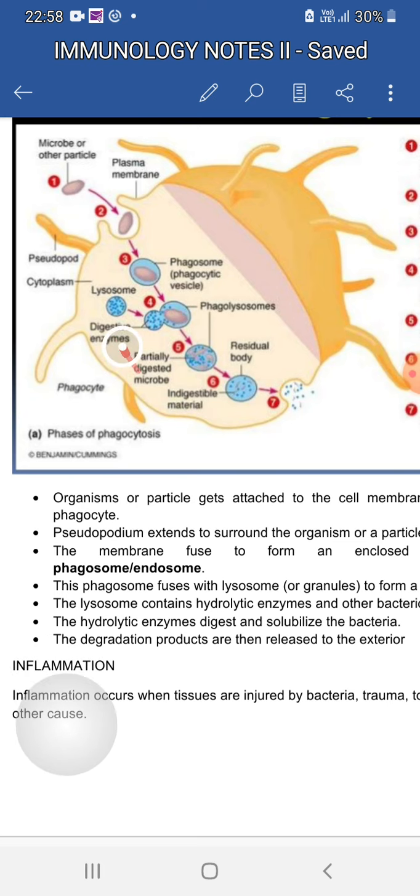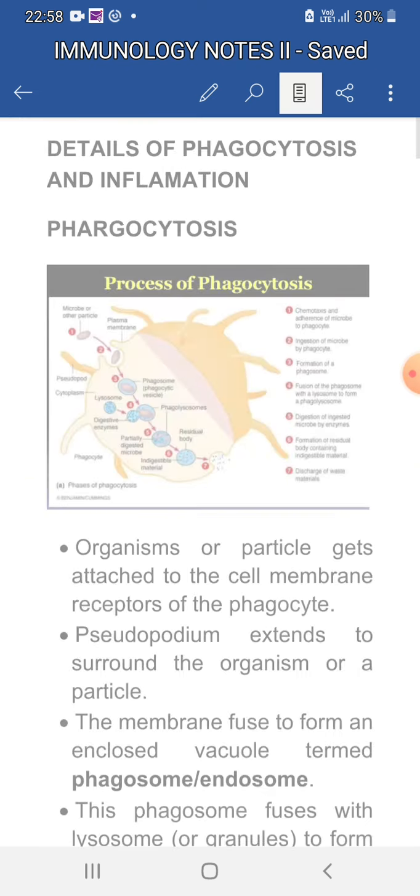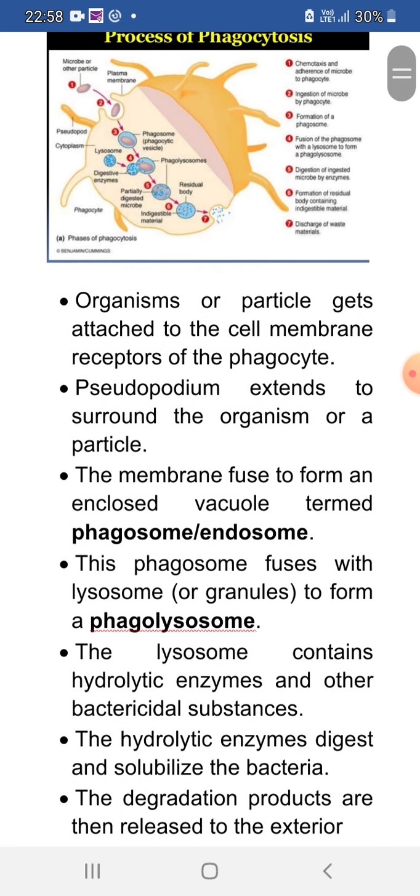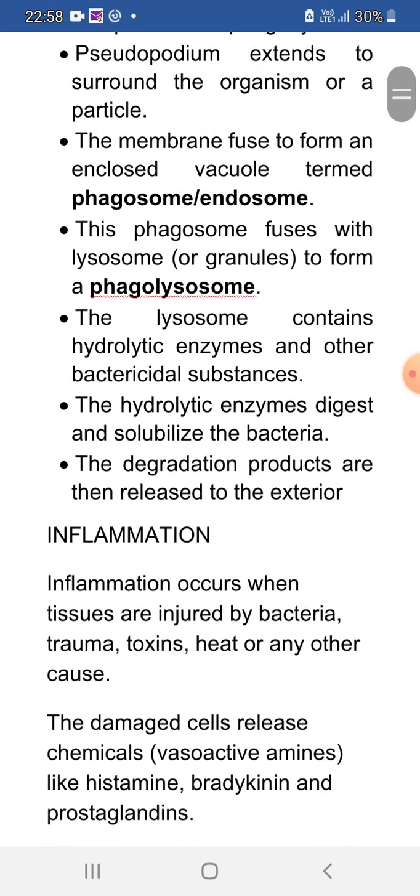The contents of lysosomes or granules, like reactive oxygen and so on, we'll see as we talk about them. So we'll move now to inflammation and see what inflammation is in detail.